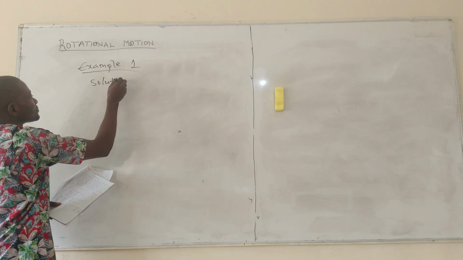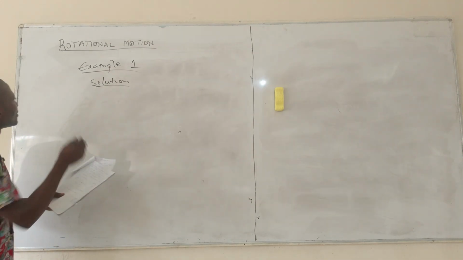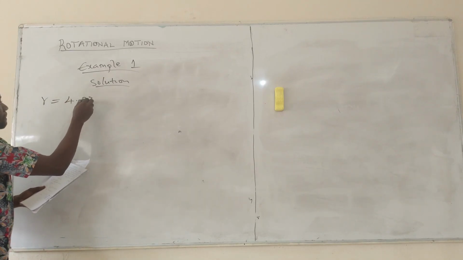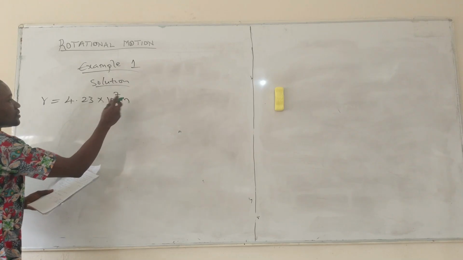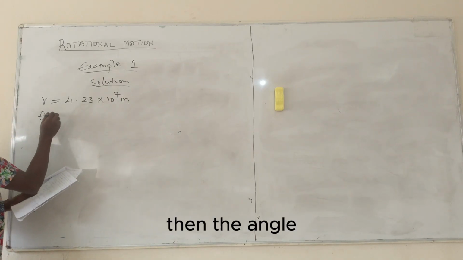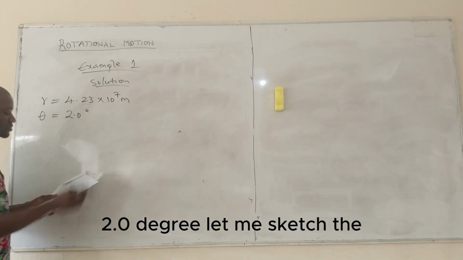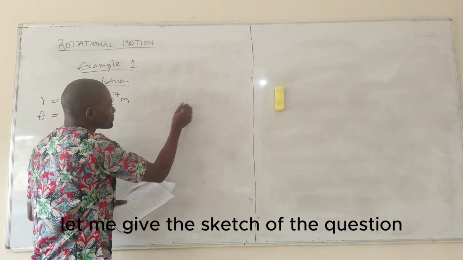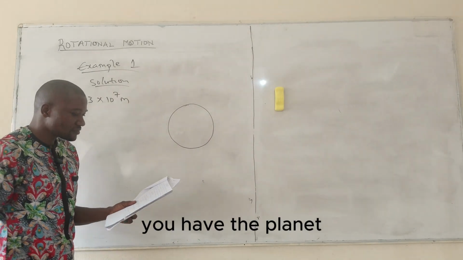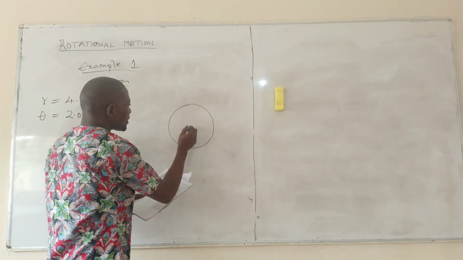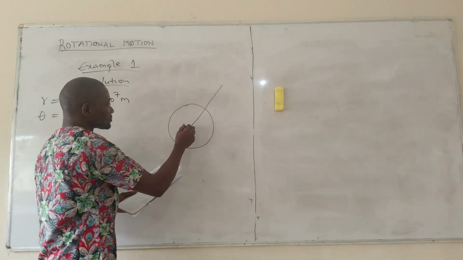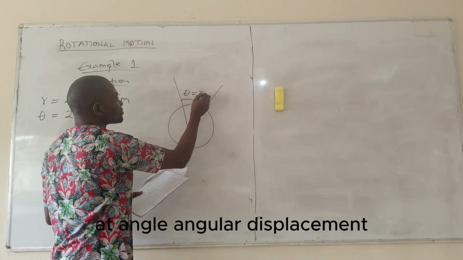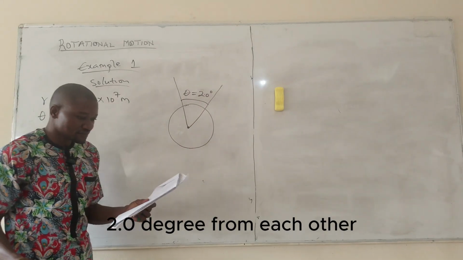Solution. The radius, this is the radius given, then the angle 2.0 degrees. Let me give the sketch of the equation. You have the planet and 2 satellites at angular displacement 2.0 degrees from each other.